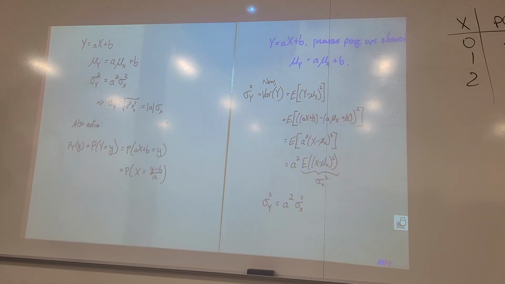Am I right about that? Did I solve that correctly for x? And that is p_x of y minus b over a.